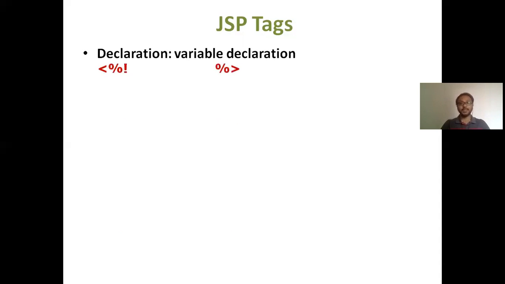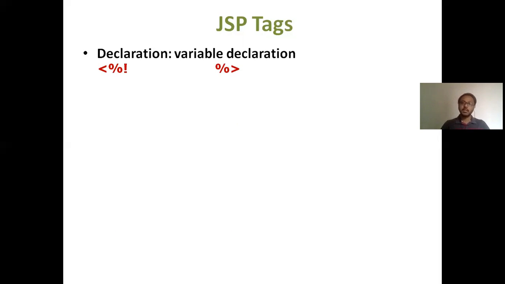Now let us discuss the various JSP tags we have. First, let me show how we can declare a variable in JSP using a JSP tag. We have a dedicated tag for declarations in a JSP document. A declaration tag will start with an angular bracket as usual, like all the other tags.